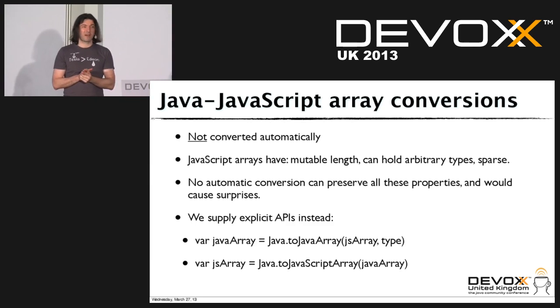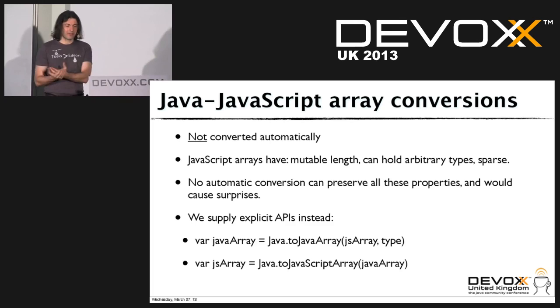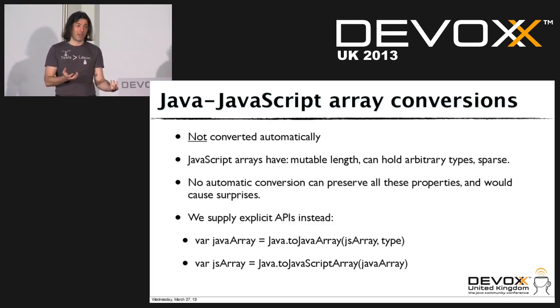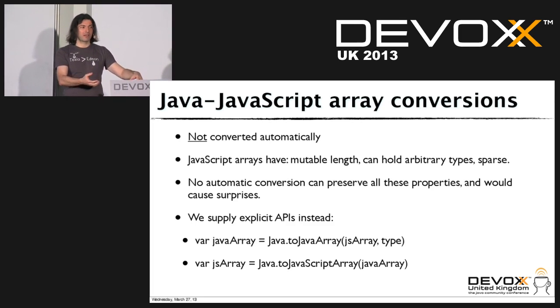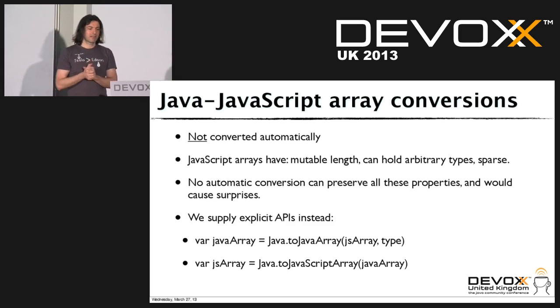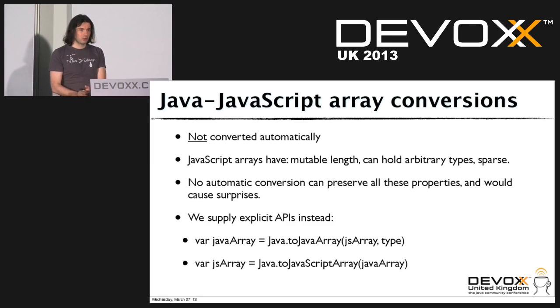Oh, and they can also be sparse. So there is no automatic conversion that can preserve all these properties, and especially two-way. What happens if that array then gets mutated in Java, and you would expect to see the effects on the outside? So we are not doing any explicit conversion there, because no matter what conversion we would do, somebody will get surprised.